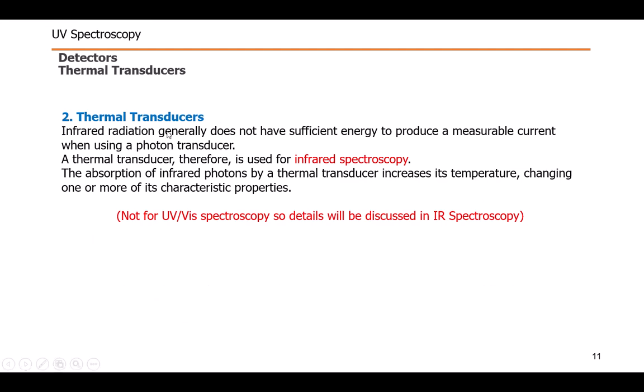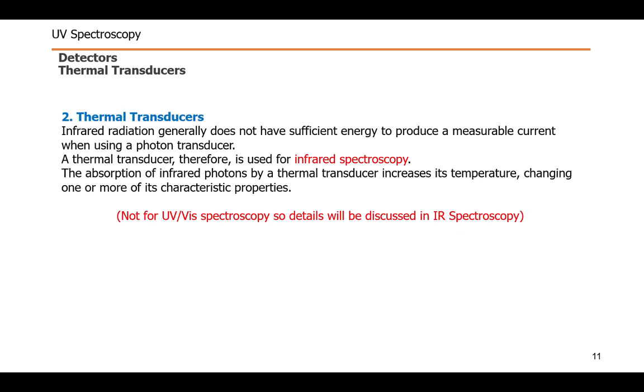Thermal transducers. Thermal transducers are used for IR radiations. Infrared radiations do not have sufficient energy to produce a measurable current. So thermal transducers are used in order to measure in infrared spectroscopy.